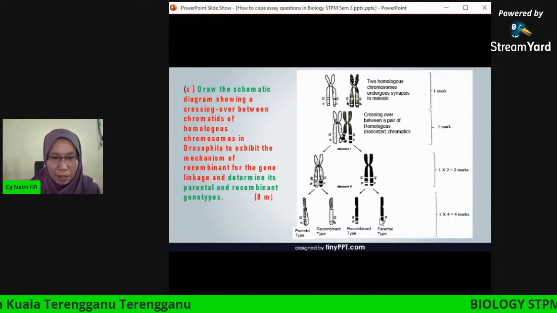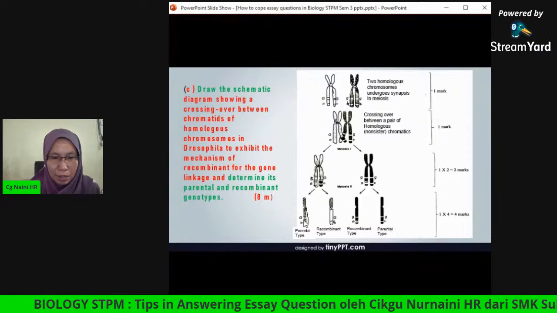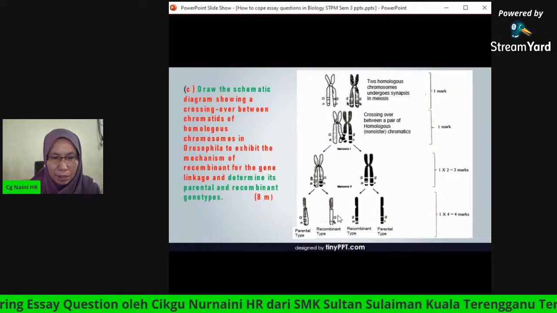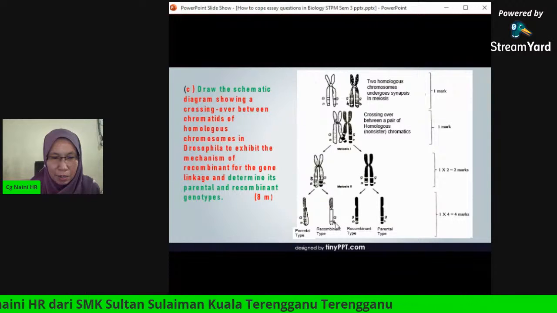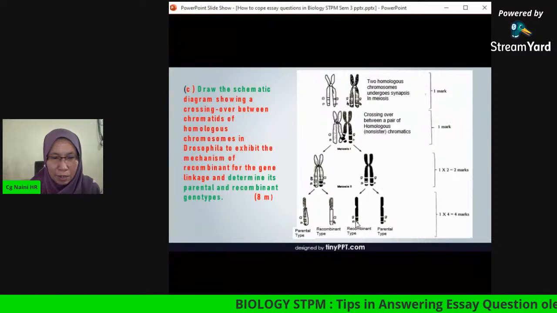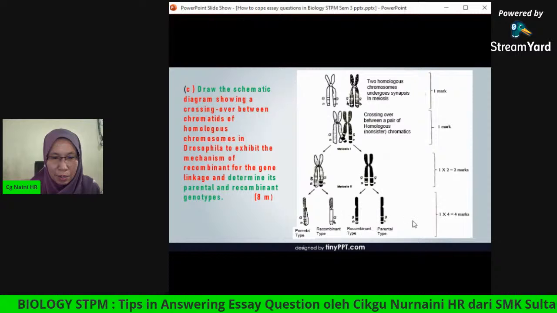If you write in genotypes, the parental type is GGBB, and this one can also be big G small b, small g small b, and then big B and small b, small g and small g. So this only shows another side.